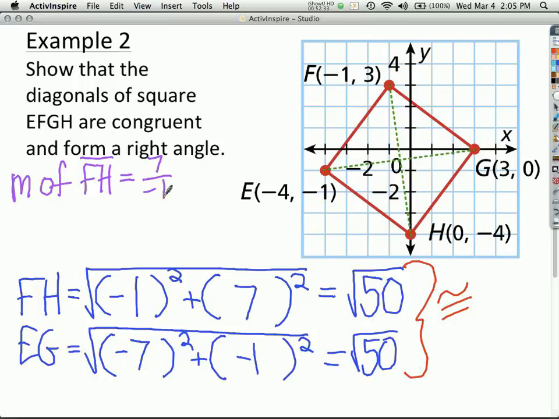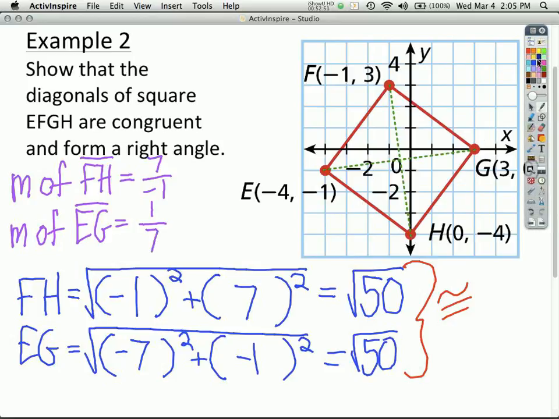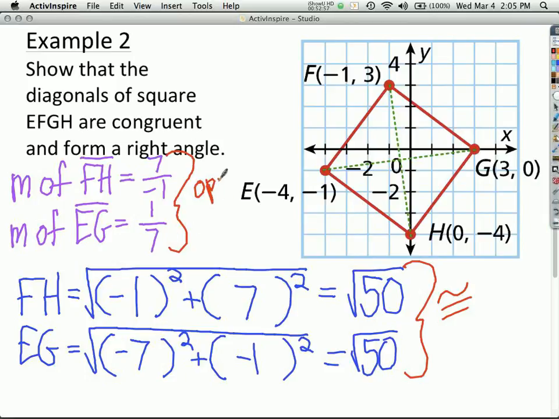And then the slope of EG, start at E, rise 1, 2, 3, 4, 5, 6, 7. 1 over 7. So Anne, what did we conclude? That's right. So they're opposite reciprocals. And so they are perpendicular, and they form a right angle. Any comments, questions about that? Brent?